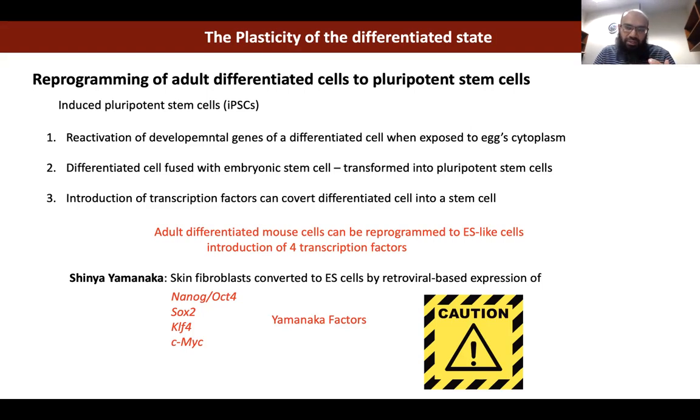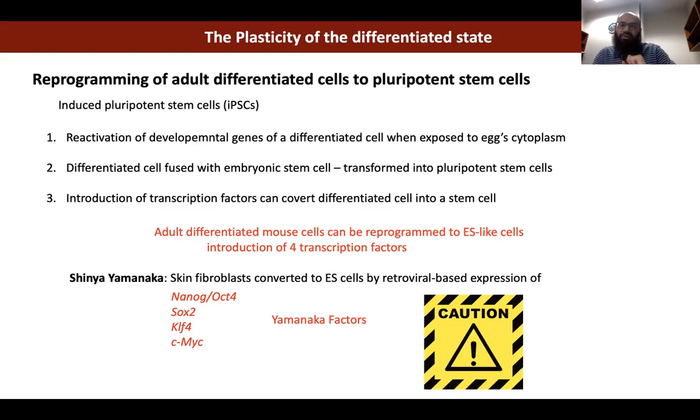Normally in a differentiated cell, like we discussed earlier, all the developmental genes or the stem cell related factors are repressed, and the gene expression program that is active in that differentiated cell is only the one that is required for the function of that cell. So that's why it's called a differentiated or specialized cell type.